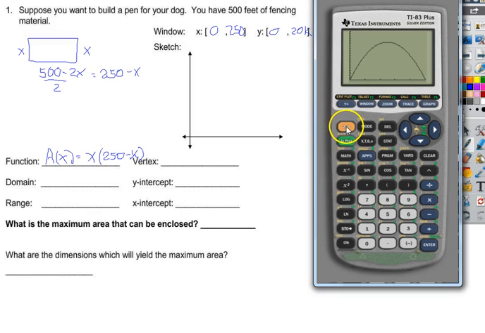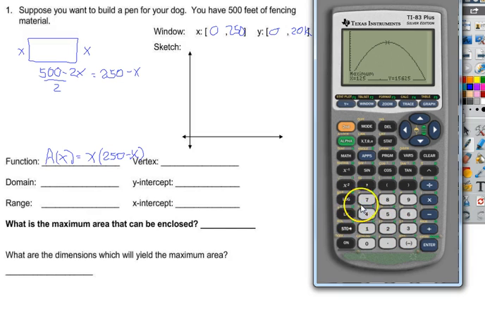In order to do that, as y'all might remember, we go to second, trace, and we want to know the maximum because it's a downward pointing parabola. It asks us first for the left bound, so we're going to move our cursor over to the left a little bit, hit enter. We then move our cursor to the right of where we think the maximum is. We hit enter. We hit enter again for our guess.